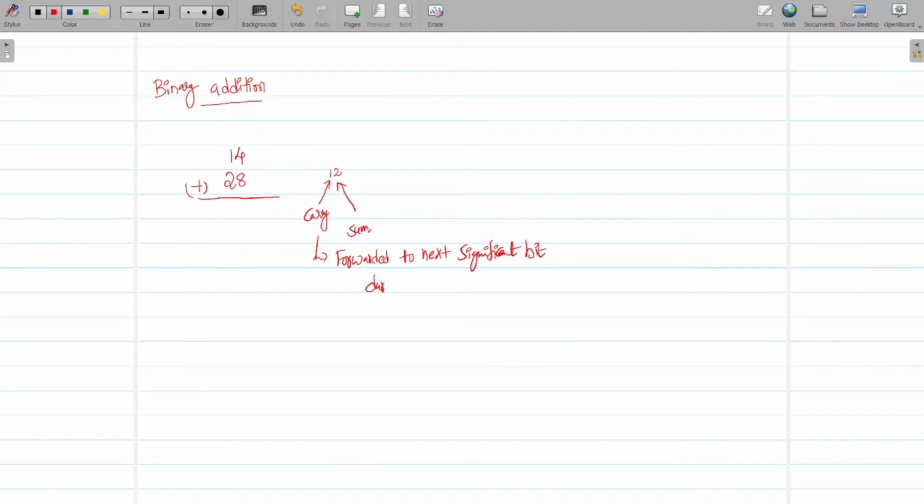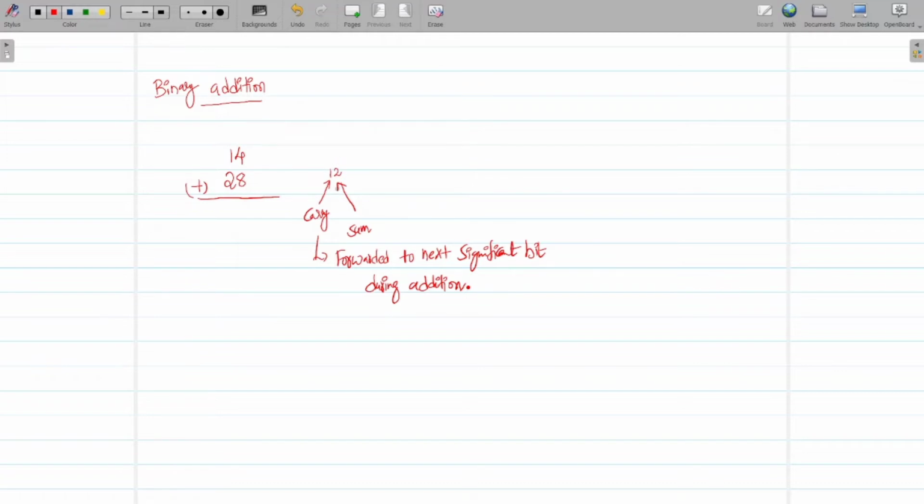So what is meant by carry? Carry is a bit which is forwarded to the next significant bit during addition. Here 4 plus 8 is 12. In this 12 we forward the 1 to the next significant bit. That's why 1 is called carry, 2 is called sum.